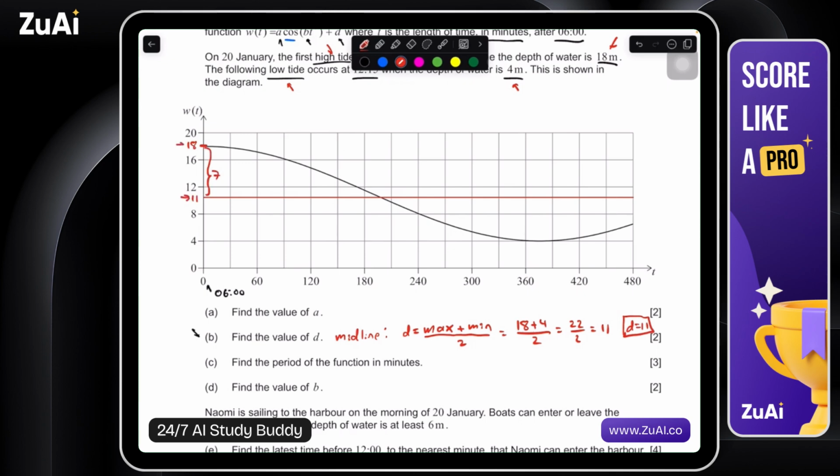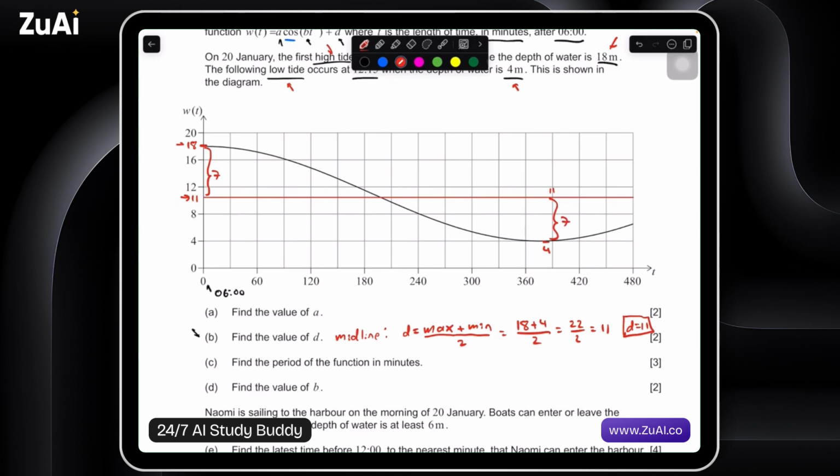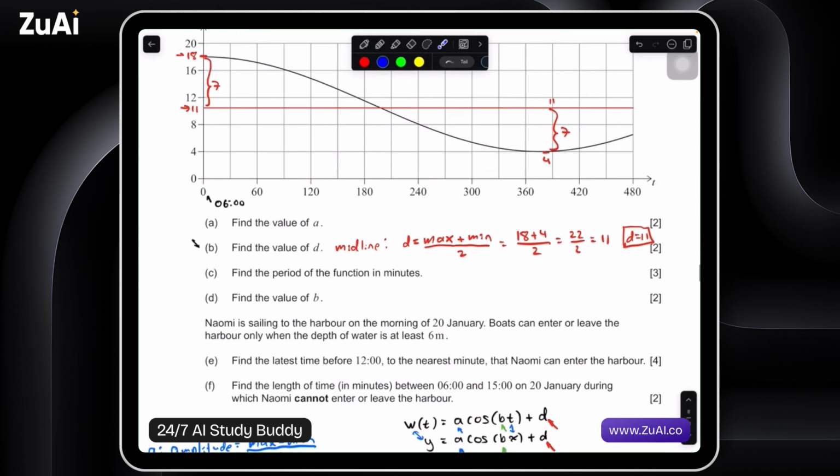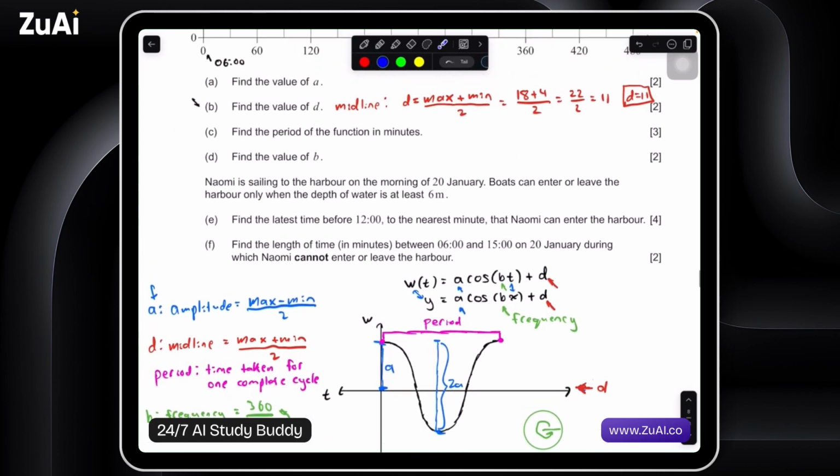Or similarly, if we know this is equal to 4 and our midline is at 11 right here, what distance do we need to travel? And once again, it's 7. So sometimes it is helpful to go from d into a. Either way, let's work it out. We found the value of 7 just through intuition.